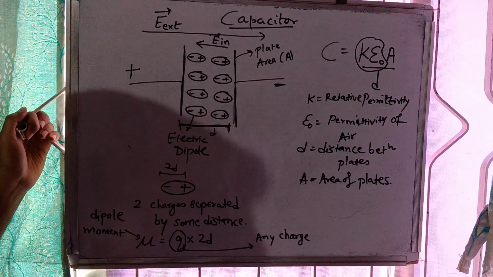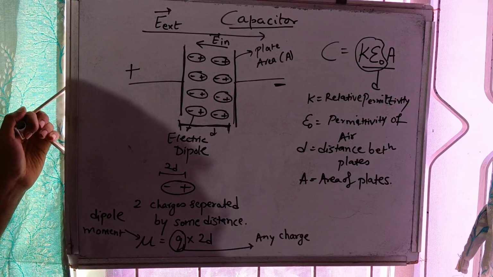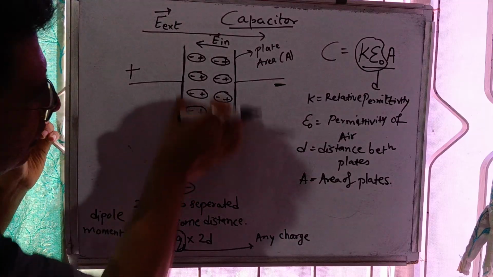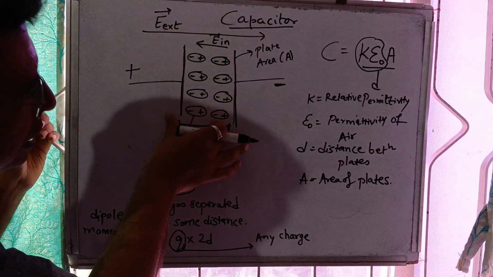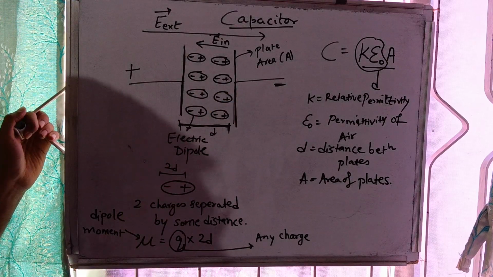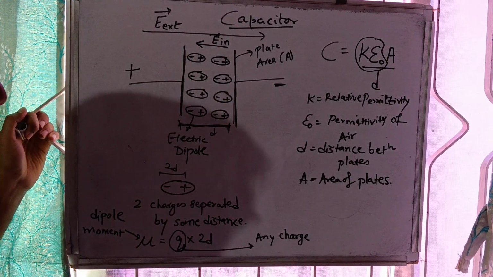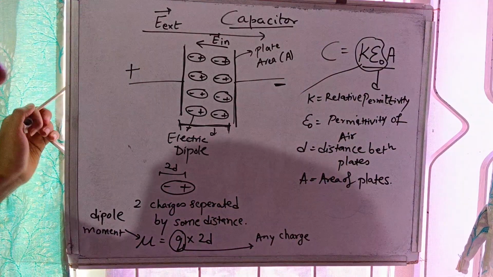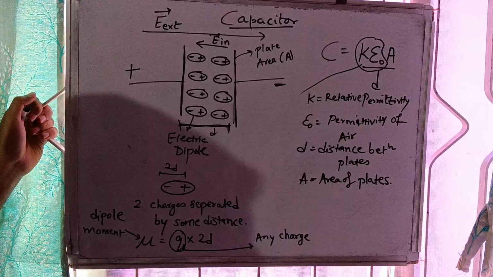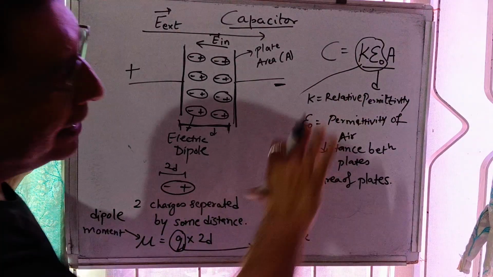But if we change the material between these two plates, then the capacitance will change. Now we'll try to understand how it will change, because this permittivity will play a very important role. So what exactly is the permittivity?